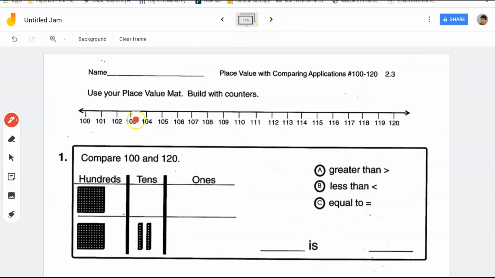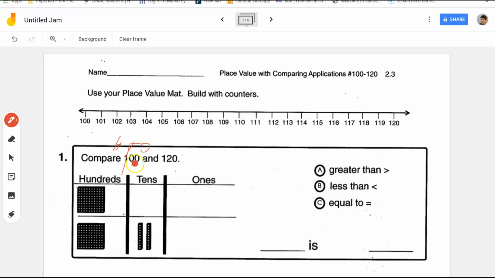Let's do one more. So we're going to use the place value math, and we're going to use the number line to decide which one is greatest. And so we're going to compare 100 and 120. So we know that we have our hundreds, then our tens, and finally our ones.